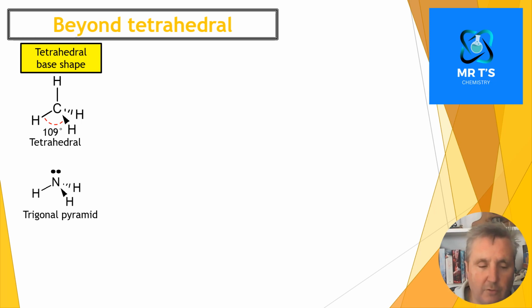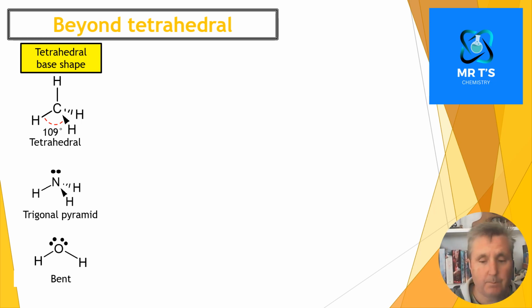It produces a 3-dimensional shape that looks a bit like a triangular pyramid. The other shape produced from this same base shape is a bent shape. The bent shape also has an angle of about 109 degrees. It has 2 non-bonding regions and 2 bonding regions.